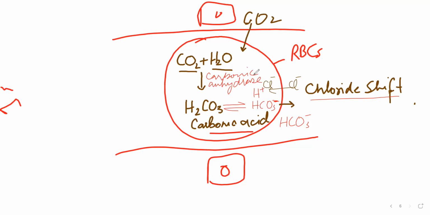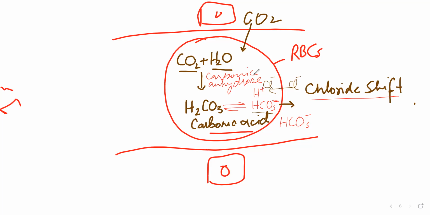Because this chloride shift maintains the balance of charges across the cell membrane, that is, inside the red blood cells and outside the red blood cells. That's why there is an exchange of chloride ions here. So when the carbonate ions go out and chloride ions come in, it maintains the charges across the membrane.